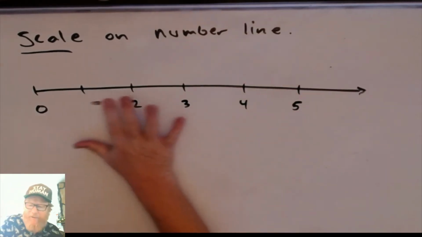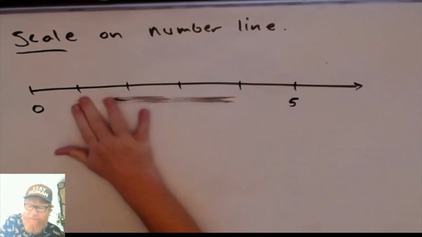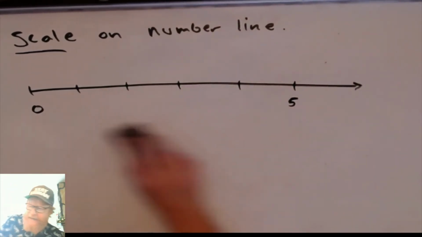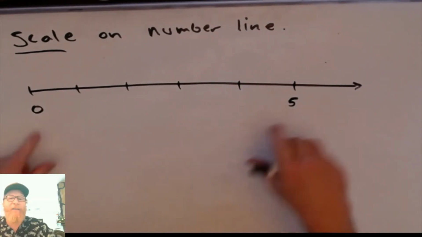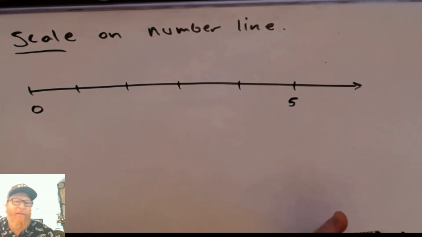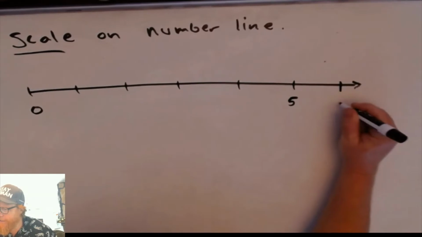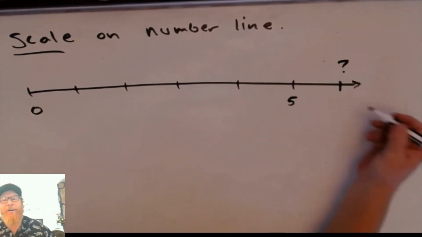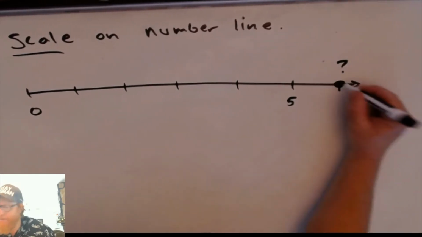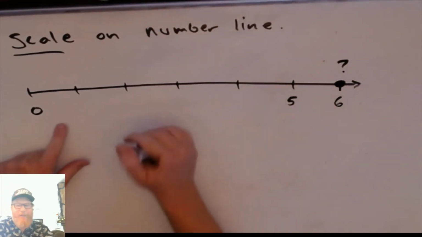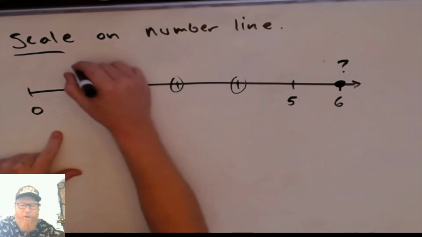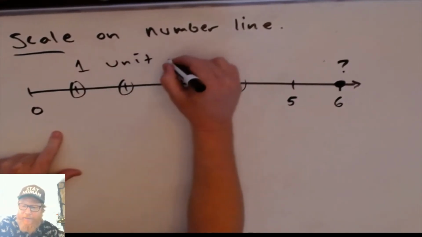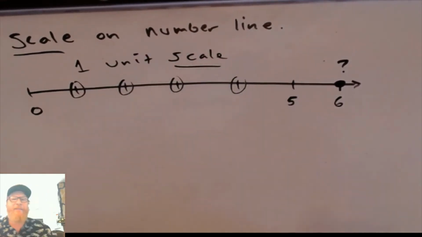In fact, oftentimes when I do some graphing, I might omit these numbers in between, right? And just say, okay, there's 0 and there's 5. And without really doing any math at all, other than just a little common sense, if I said, okay, what's this value here, you would immediately know that that's 6, right? Because you can clearly tell that each of these values is 1 unit. Yeah, that's a unit scale.